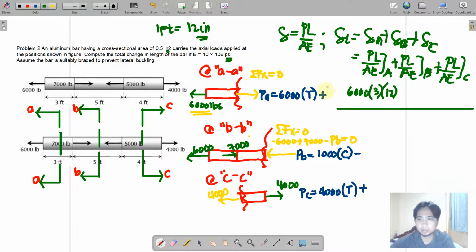Next we have here minus. Why minus? Because we have minus, or compression, for PB. 1,000 times the length is 5 times the conversion factor of 12.